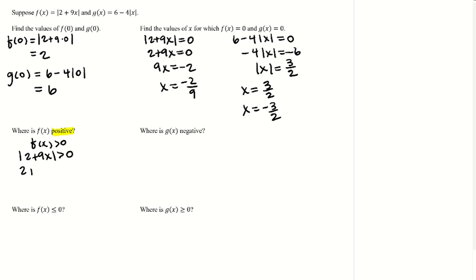So I'm going to say 2 plus 9x is not equal to 0. Because if 2 plus 9x was equal to 0, its absolute value wouldn't be greater than 0, or it wouldn't be positive. So I'm going to say 9x is not equal to negative 2, and x is not equal to negative 2/9.